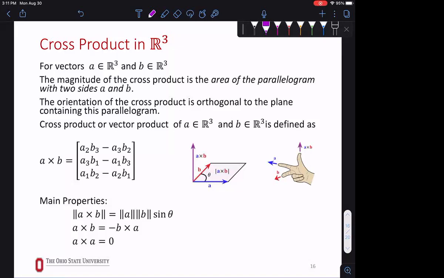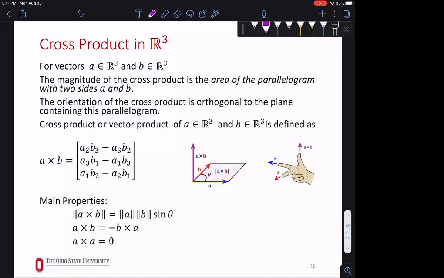There are two things. You can always have this in your cheat sheet, it's okay. I'm also going to teach you another way to calculate it if you forgot how this would work. But the direction is something that you need to understand.